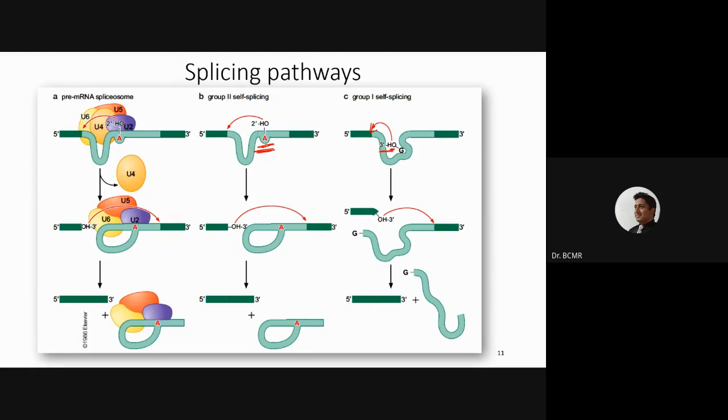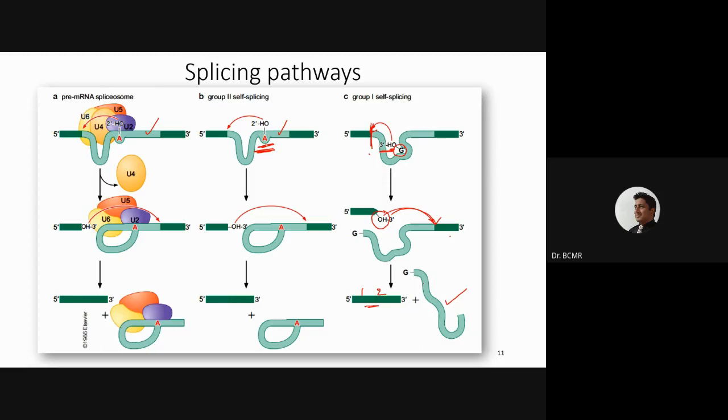It is a part of the intron in this case, or also in this case. But here the guanine is not an integral part of the intron, but it is non-covalently bound, and the 3' OH makes a break here, and the 3' OH will bind to the 5' side of the next exon. And so exon 1 and exon 2 are now spliced, and the intron is left out.